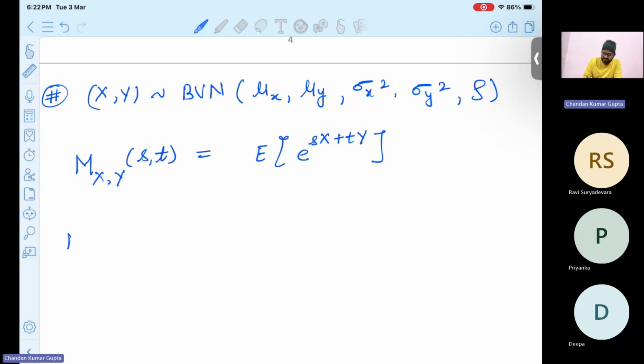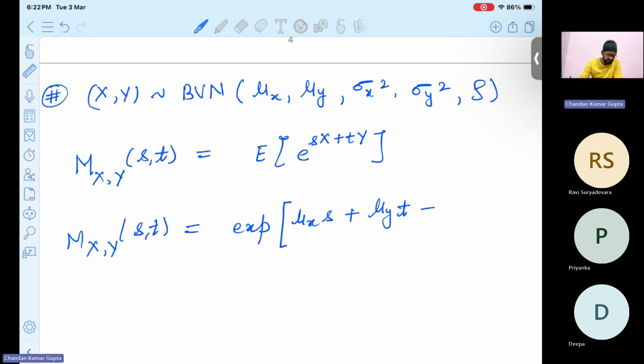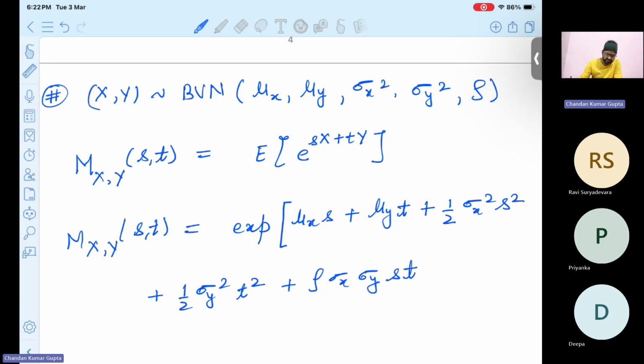And for bivariate normal, it comes out to be e to the power mu x s plus mu y t plus half of sigma x square s square plus half of sigma y square t square plus rho times sigma x, sigma y, s and t.